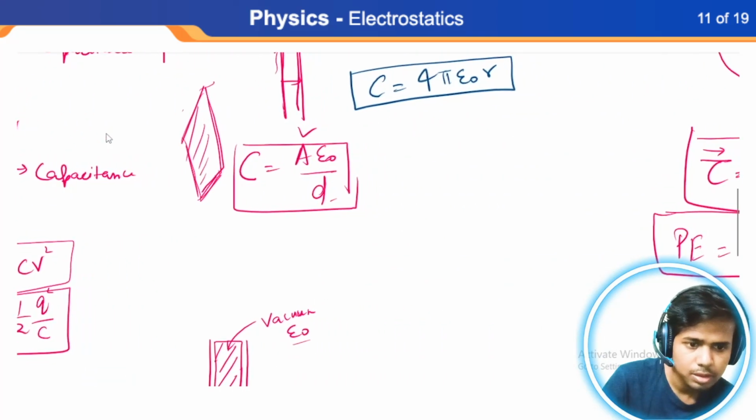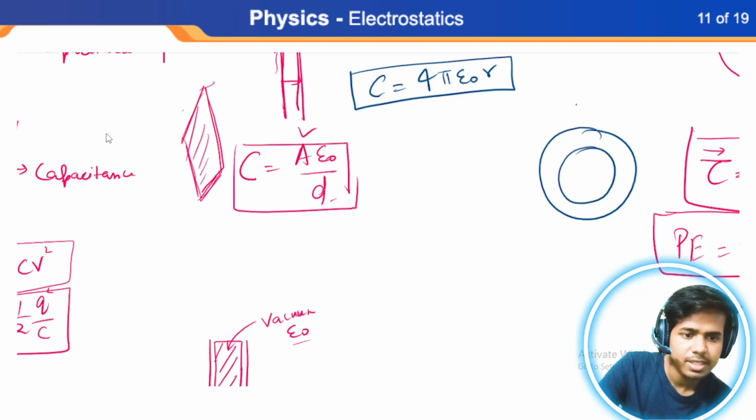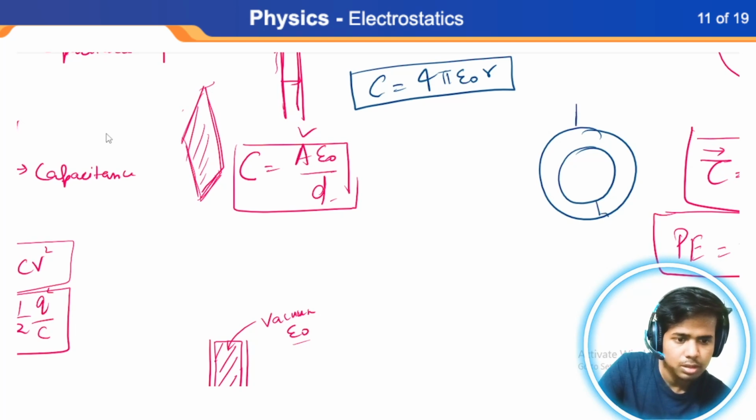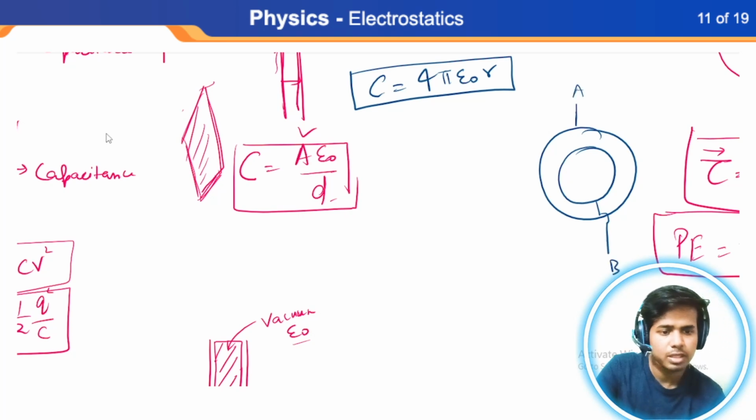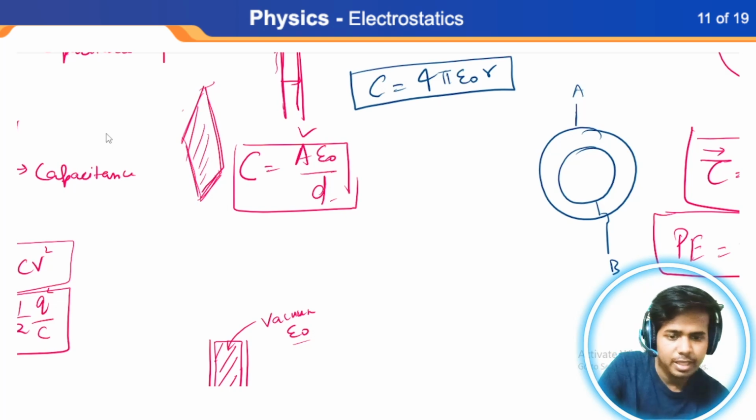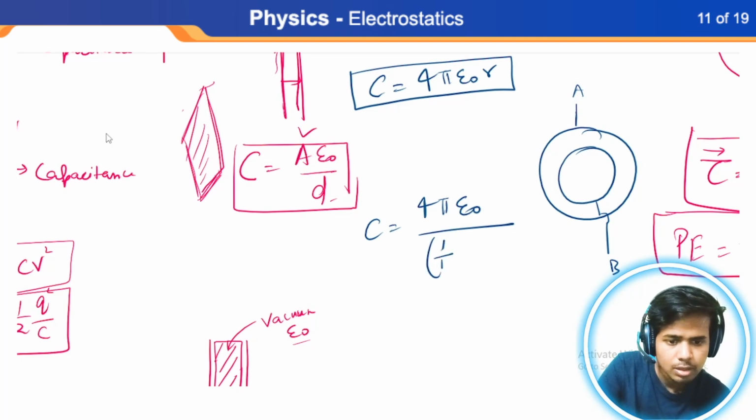Let's say we have two different shells. Then the capacitance of the system, when you join point A and point B with the voltage, will actually be 4 pi epsilon, divided by 1 by R1 minus 1 by R2.